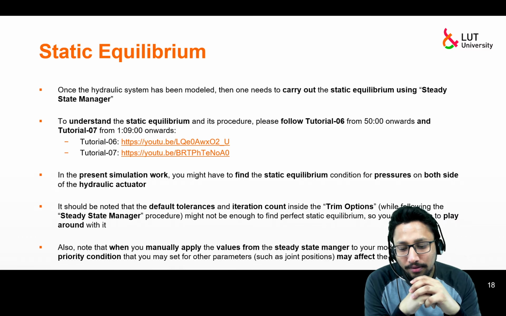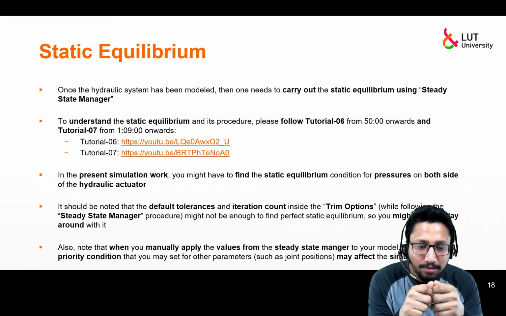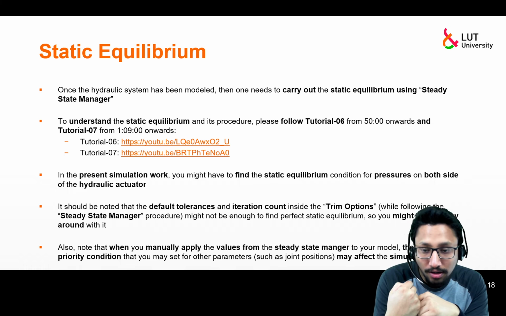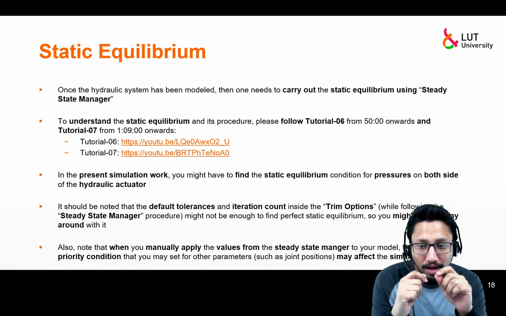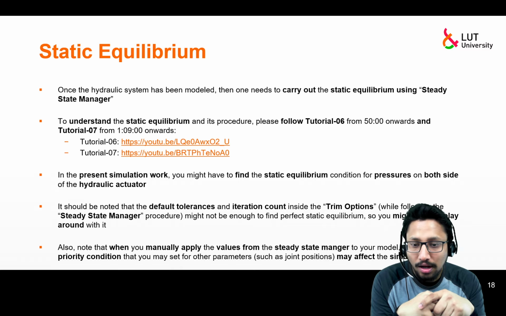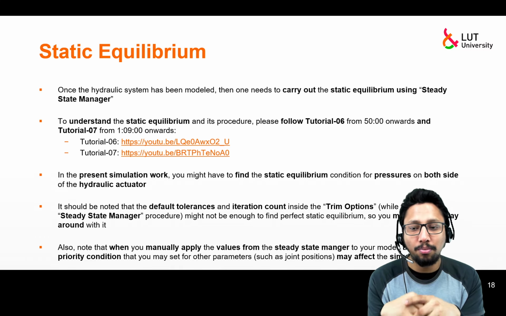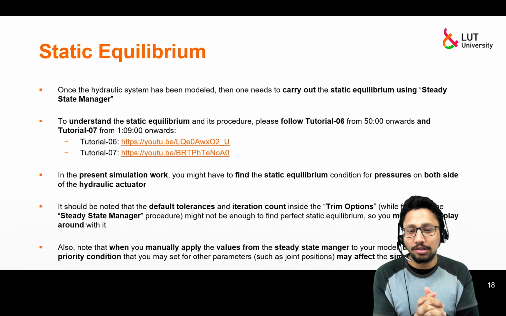If you follow tutorial 7, when you were using the steady state manager, you were just trying to figure out the value of the pressure on one side of the cylinder, because you had a single acting cylinder there. In the present simulation work, you have a double acting hydraulic cylinder, and for that reason you need to figure out the pressures on both sides of the hydraulic actuator using this steady state manager.